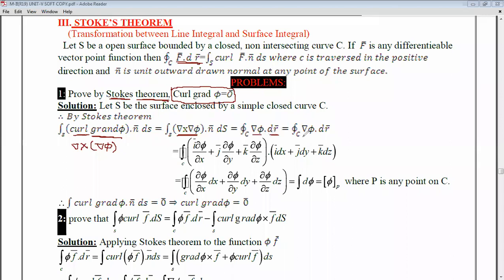Okay. So over the curve C. And now here del phi is nothing but, del is i dou by dou x plus j dou by dou y plus k dou by dou z, and phi is a scalar.